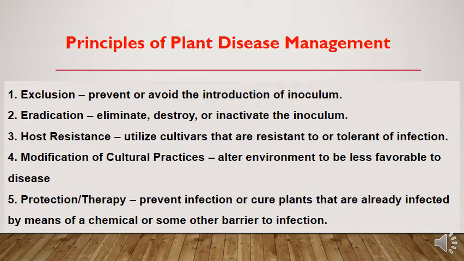Some modification of culture practices alters the environment to be less favorable to disease. And we can use some protection or therapy treatment that prevents infection or cures plants that are already infected. Now we have to talk about each strategy and how we can apply it in plant disease management programs.